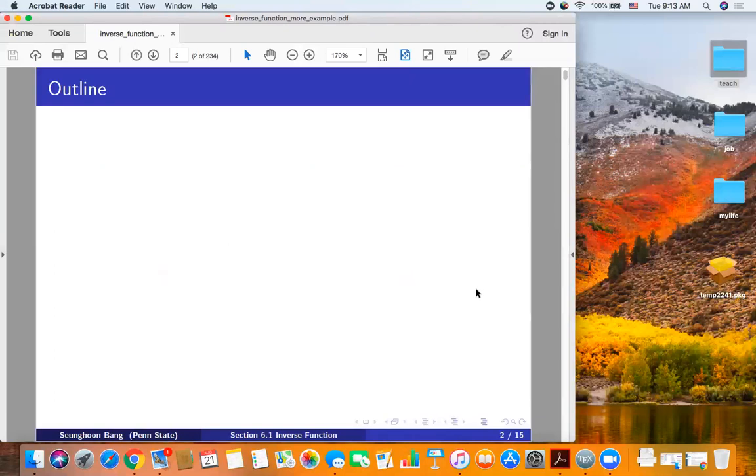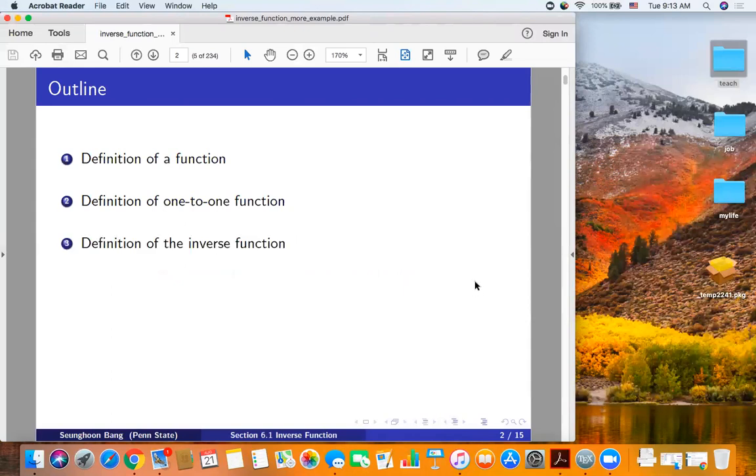So here is the outline. First one, definition of a function. Second part, definition of a one-to-one function. Third one, definition of the inverse function. Fourth one, I will talk about how you can check if a function has the inverse function or not.